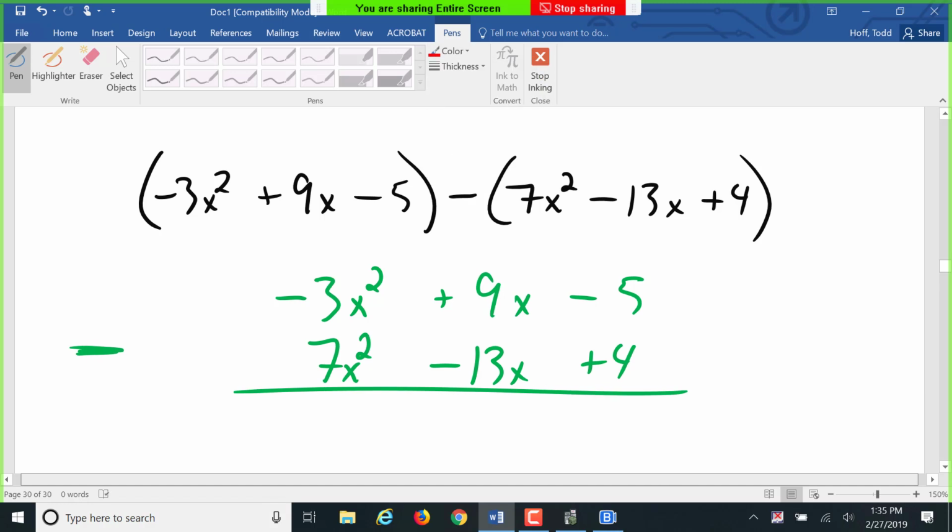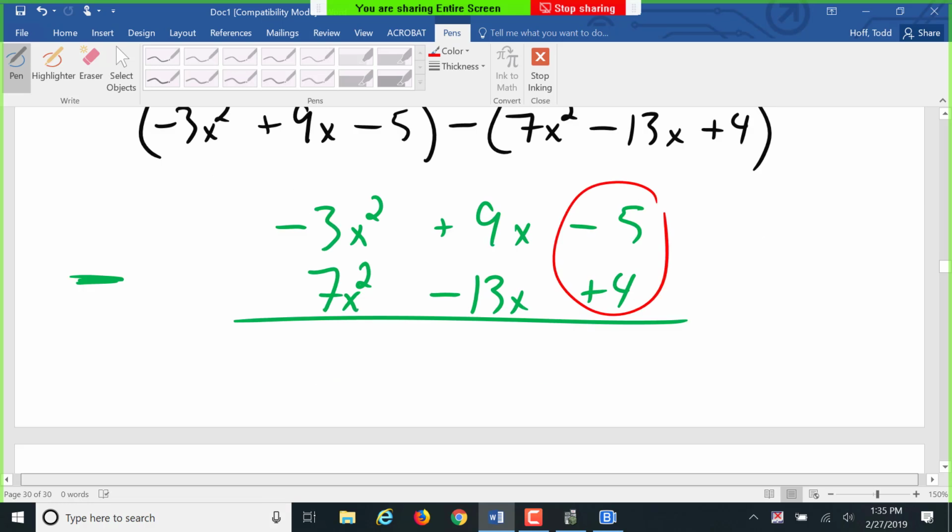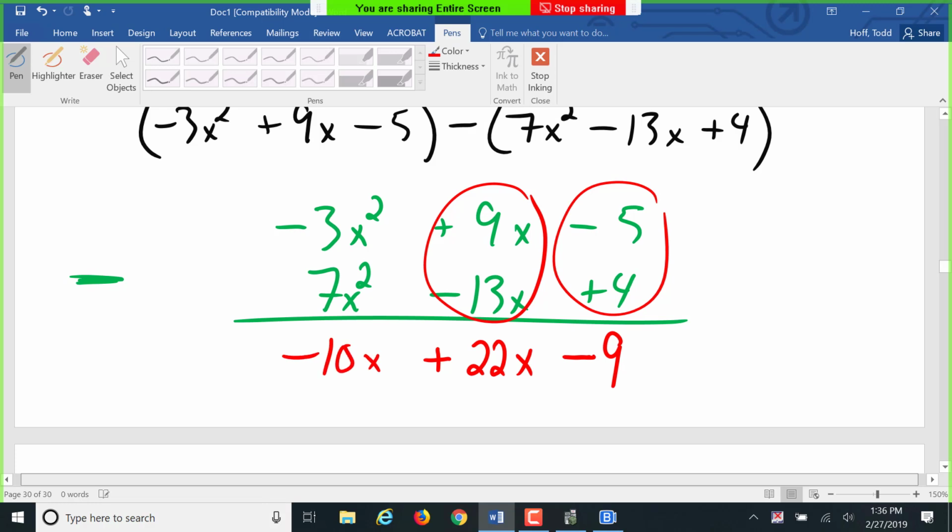It's just a little trickier now. What's negative 5 minus 4? Negative 9. What's 9x minus a negative 13x? What's 9 minus a negative 13? Positive 22x. Negative 3x squared minus 7x squared? Negative 10x squared. Perfect.